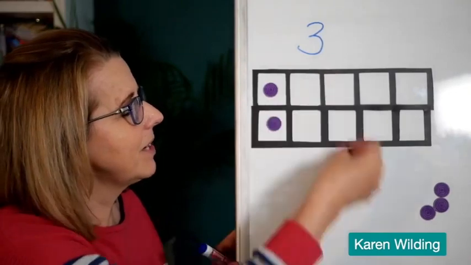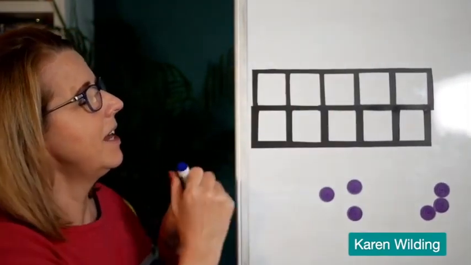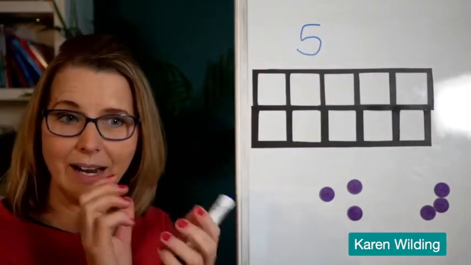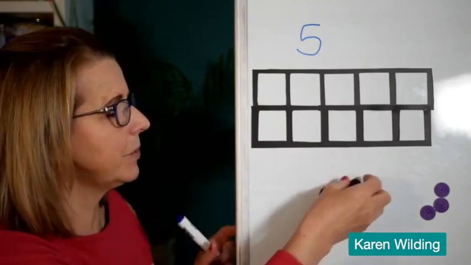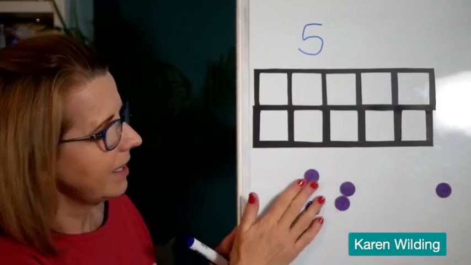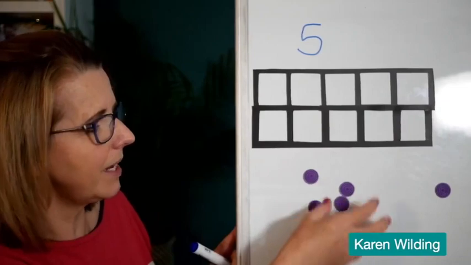So let's have a look at another number. What does a number that looks very similar to a 2, I think, of course, because children naturally reverse things, and that's very normal up to maybe even 7 and 8 for some children. Doesn't mean they've got a problem. So I know what 5 looks like. I've looked at it lots of times as a child, so I know it's got a 3 and a 2 in it and a 4 and a 1 in it.